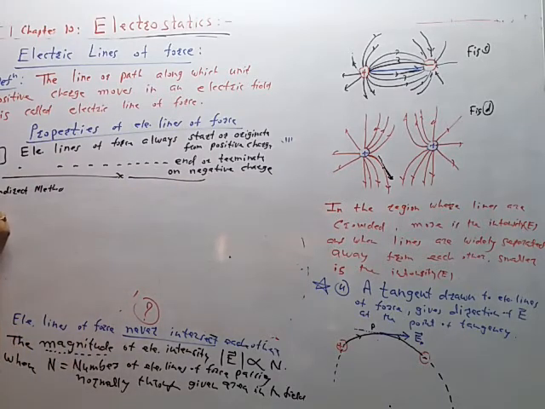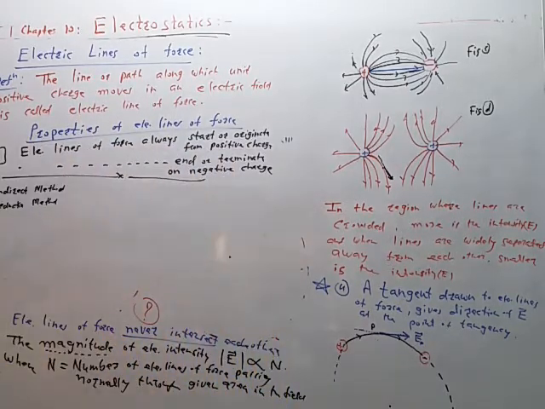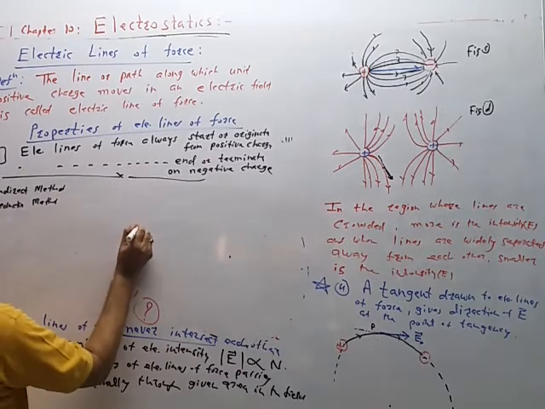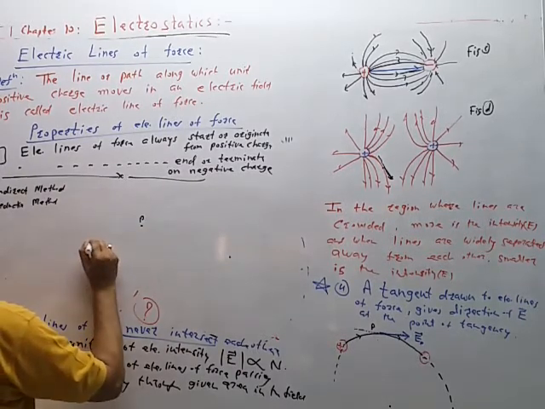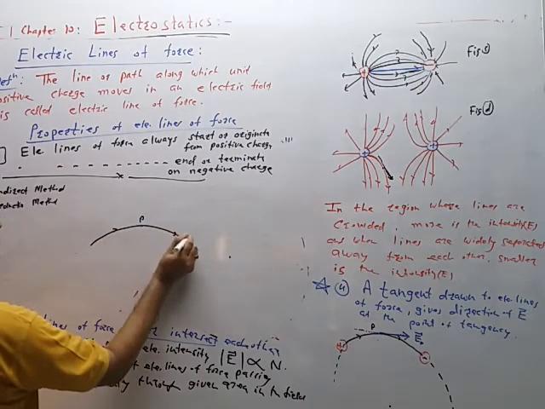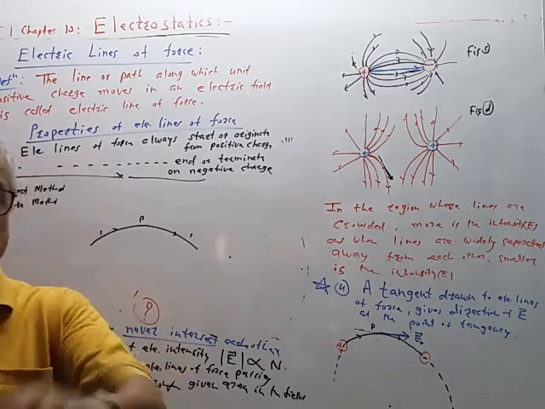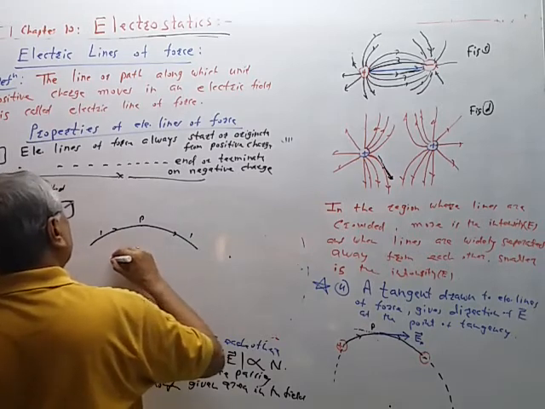It is also called the contradictory method. Suppose at point P there are two lines of force intersecting each other. This is not possible, but we will imagine this is line number 1 shown by black color. Now this is line number 2.